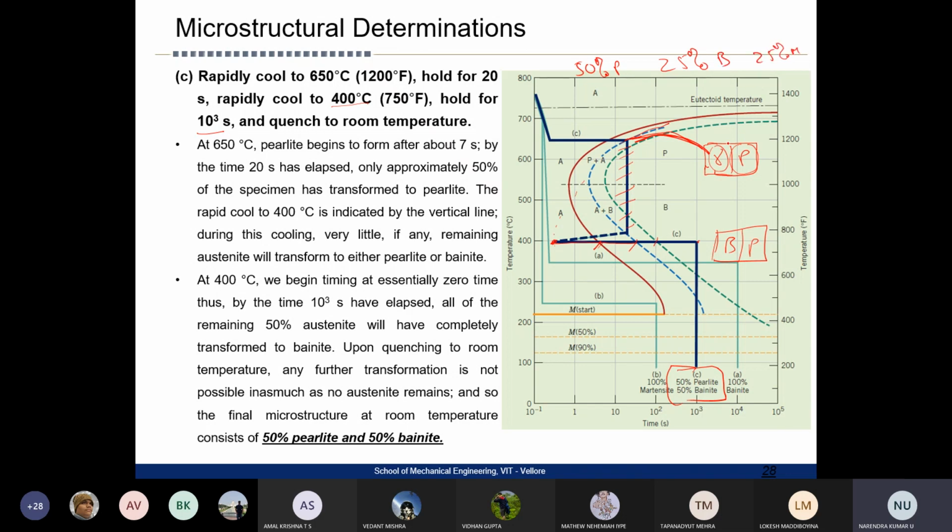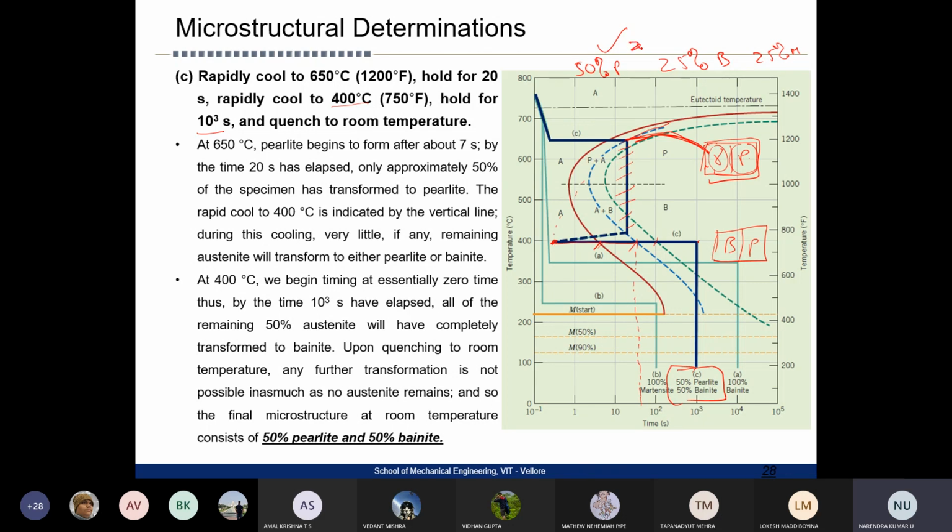It is possible. With the first step, I get 50% pearlite. With the second one, I go to 400, but I'm not going to keep it for 10 power 3 seconds, I'm going to go up to this particular point, which is like 60 seconds.